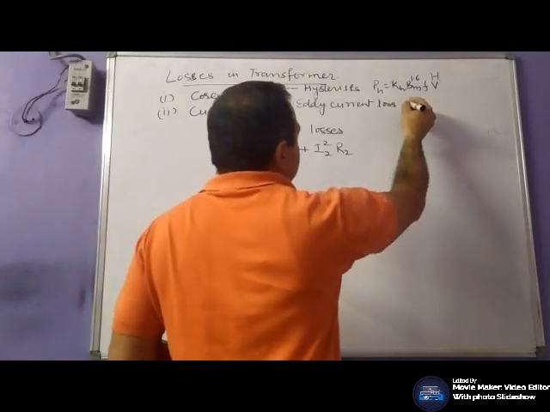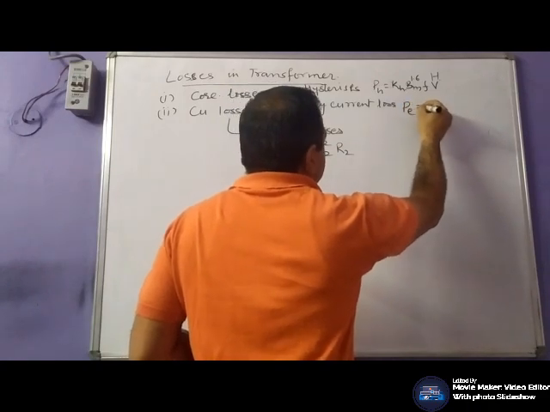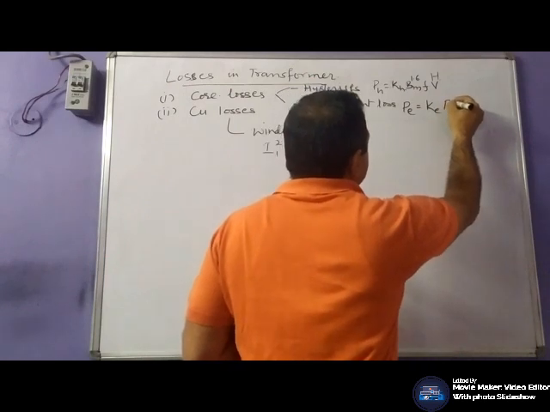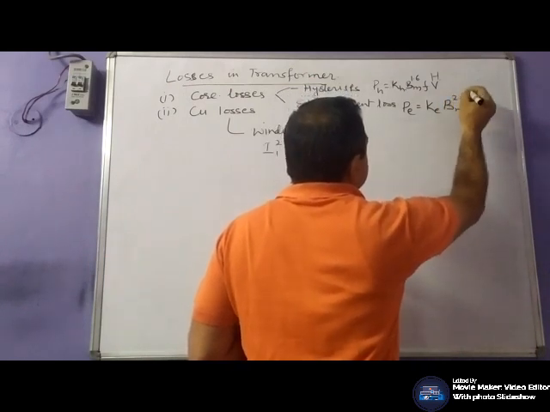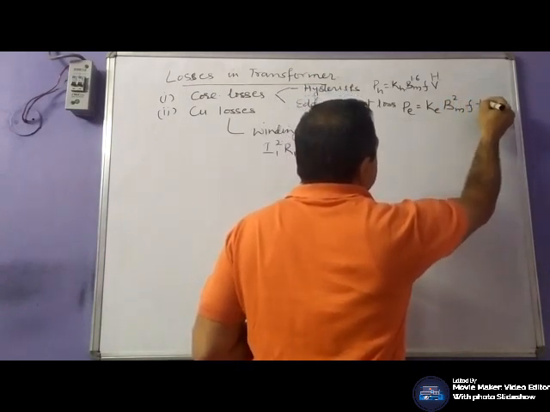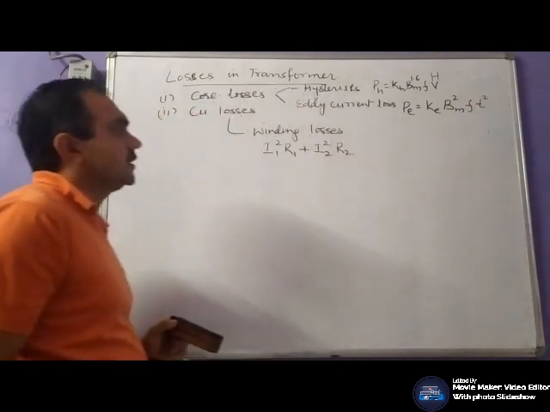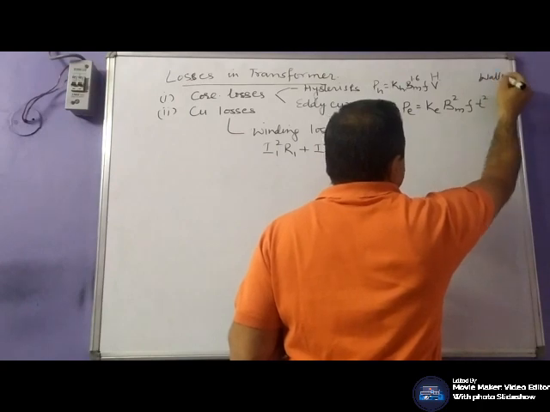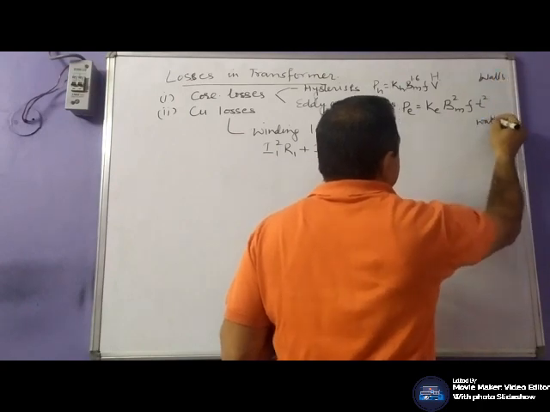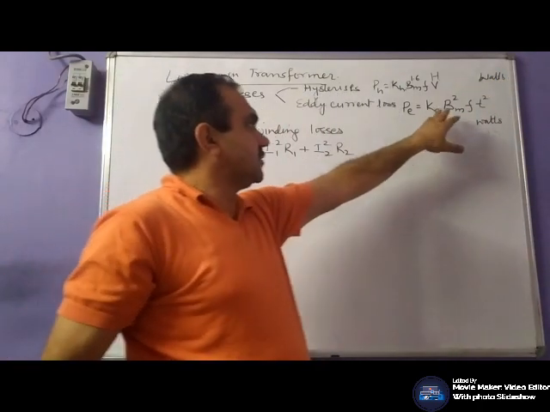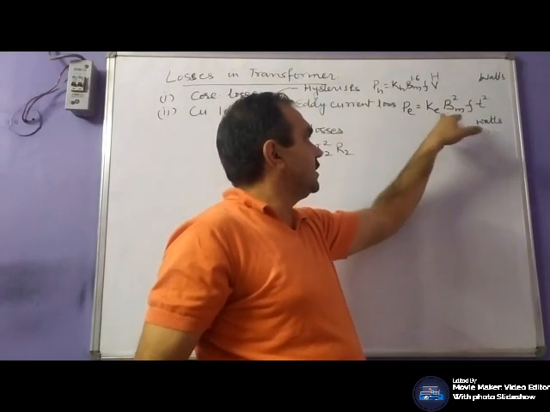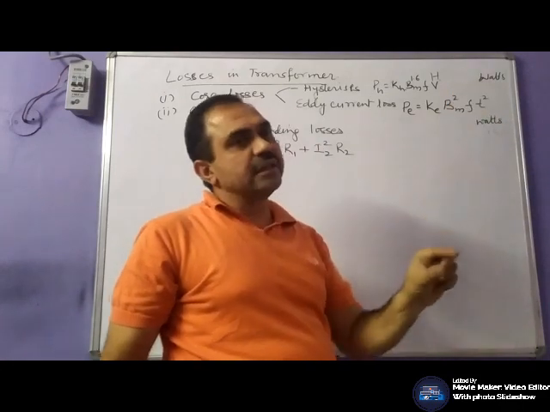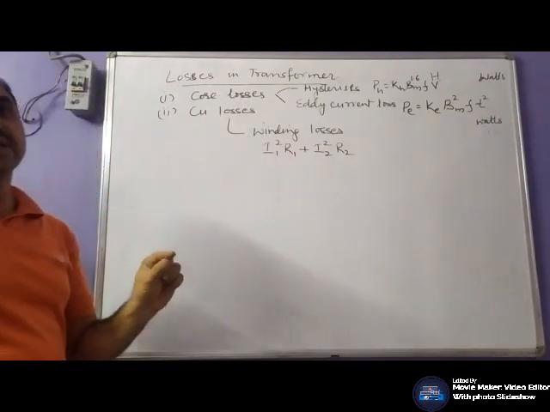Hence there is power loss, and it may be given by Ke Bm square f square t square, and the unit is watts, where Bm is the maximum flux density, f is the frequency, Ke is the eddy current constant, and t is the thickness of the lamination.